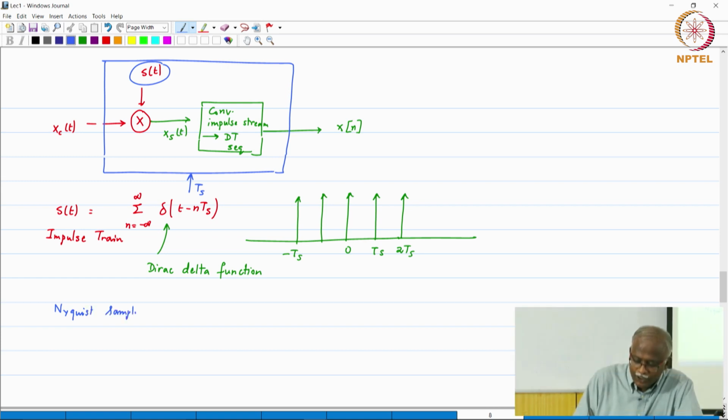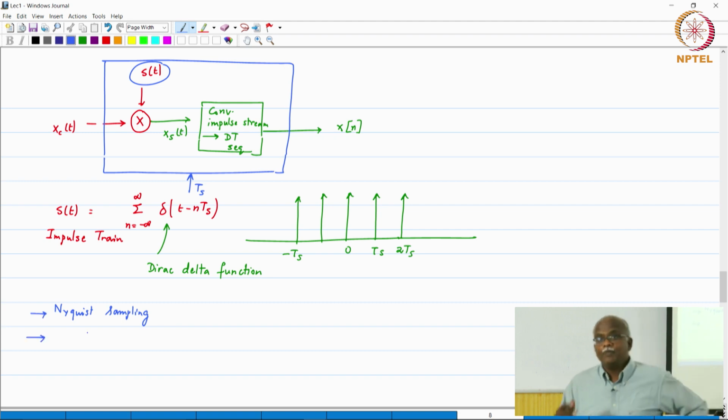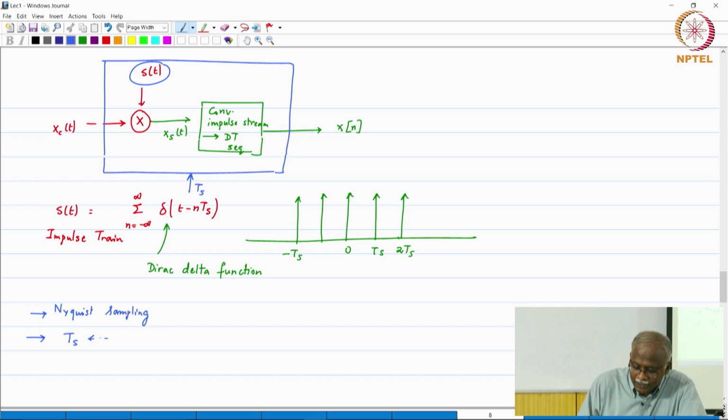Nyquist sampling has to be satisfied if you want to do reconstruction. The important questions that we will be asking in the course are: what happens if I replace Ts with Ts over 2, or Ts over k, some integer value, or what happens if I replace Ts with Ts times k?